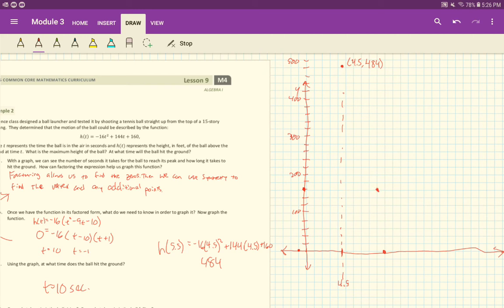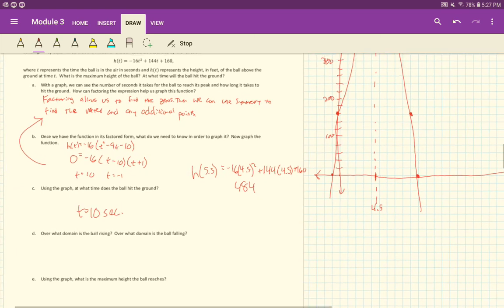So you can sketch the graph from here. I don't know if it makes sense to draw this portion of the graph since it's now negative time, but we'll go ahead and graph it just because. I'm going to do the same thing over here too.